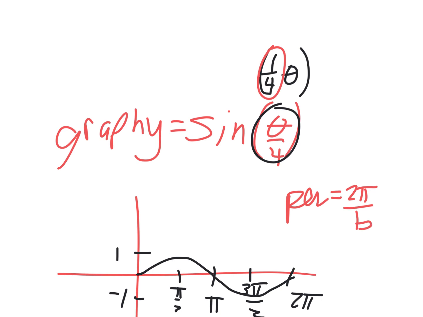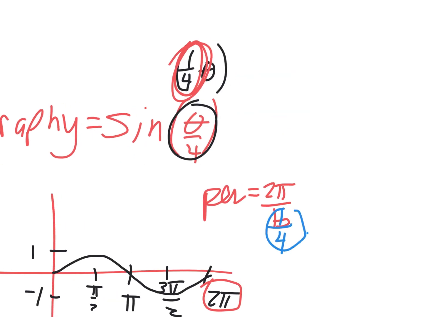So our period was 2 pi here, but we should divide by the b term. If I divide by 1/4, that's like timesing by 4. So I go through and times everything by 4. Again, my b term was 1/4. You got to be able to, quick in your head, know that that means multiply by 4.